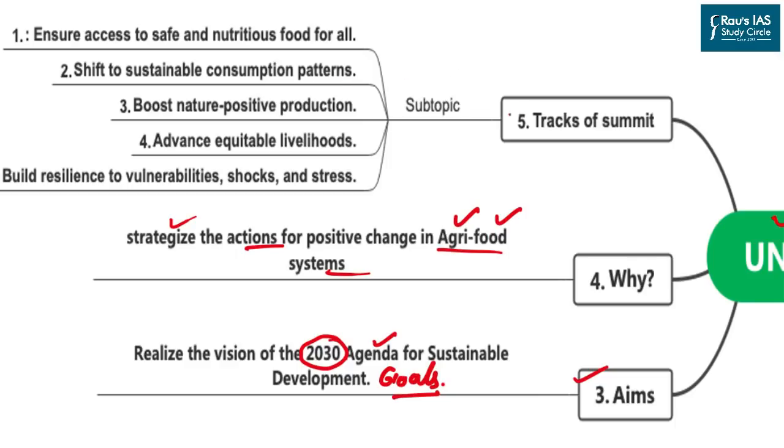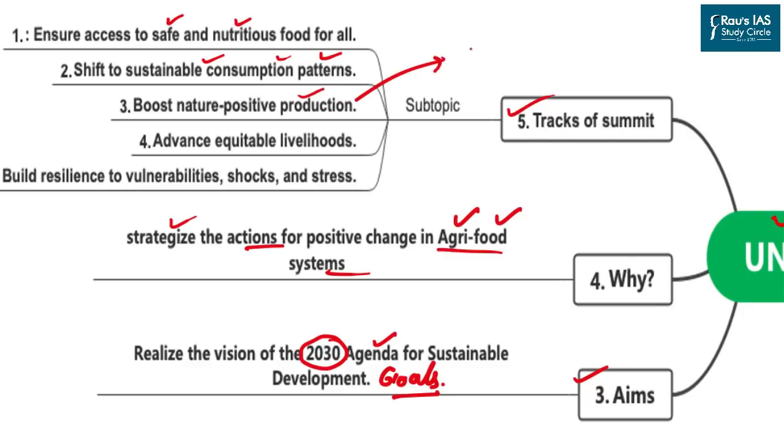The outcome of the summit brought 5 tracks which should become into practice. The first one is to ensure access to safe and nutritious food, which we have already discussed in the definition of food security. Shifting to sustainable consumption patterns, which means stop wasting food. It also focuses on a boost towards the nature positive production.